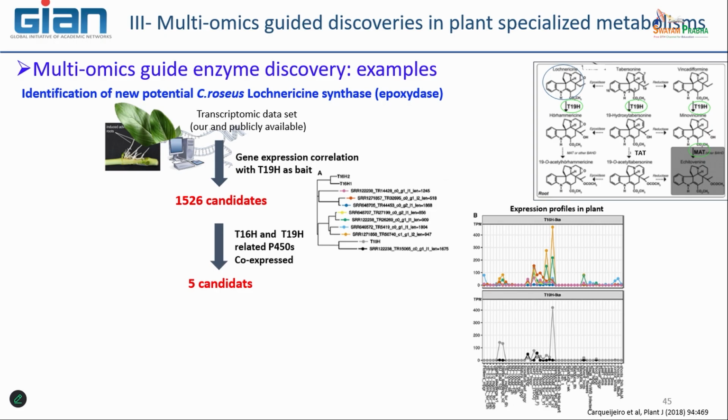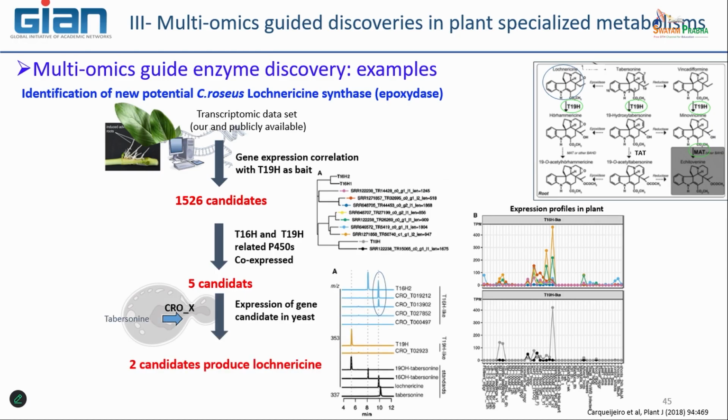And these candidates have been tested in yeast, because we implemented them directly, alone this time, in the yeast. When we fed the yeast with tabersonine, we were only able to produce lochnericine in two clones, in 2 candidates.